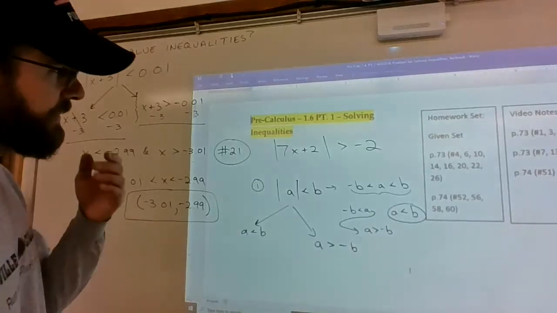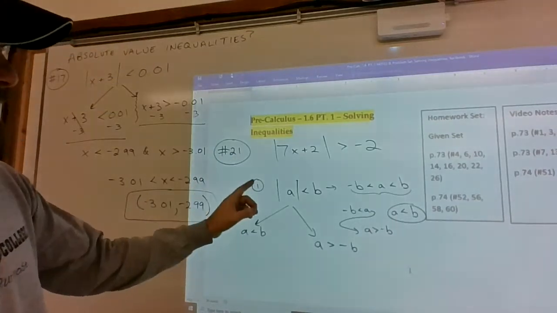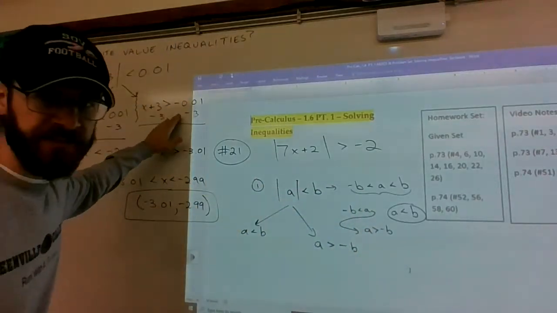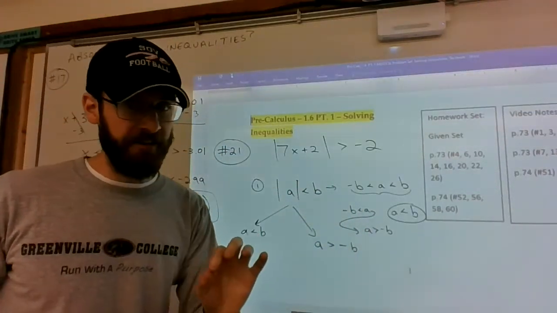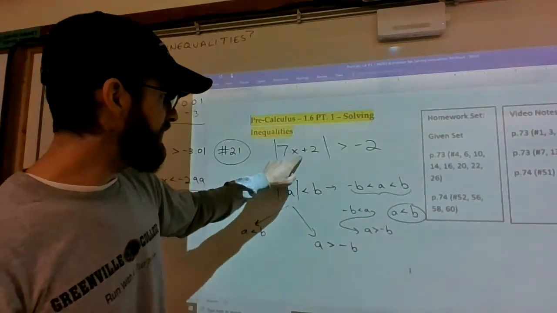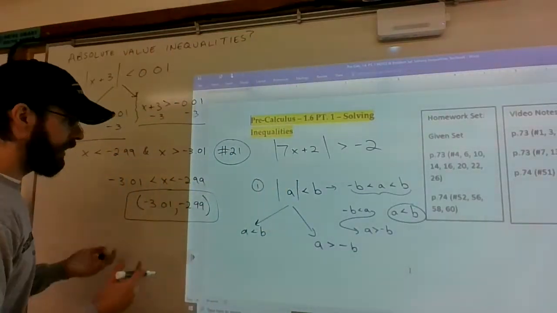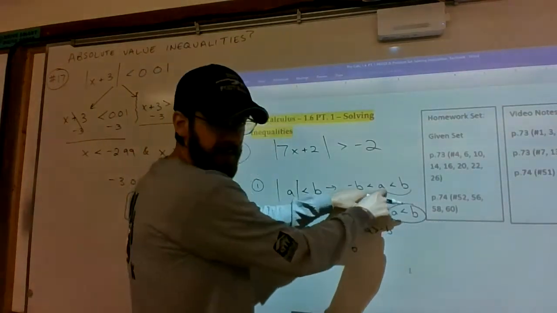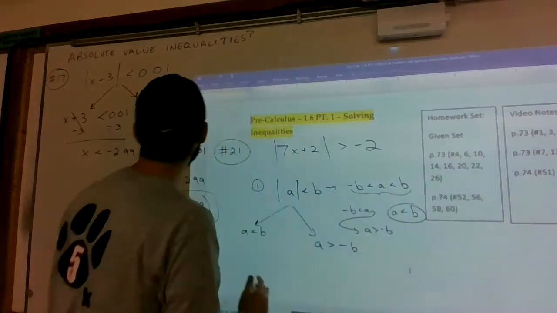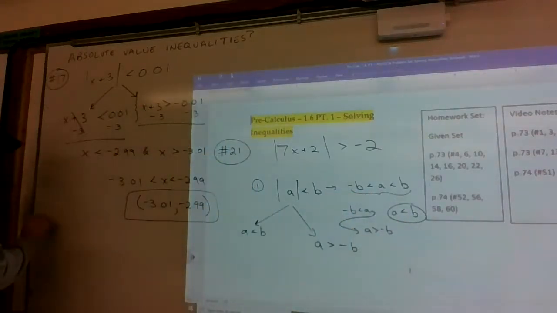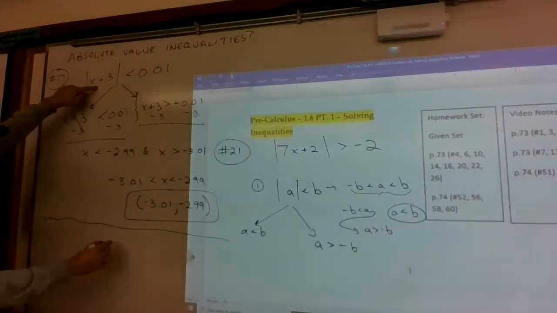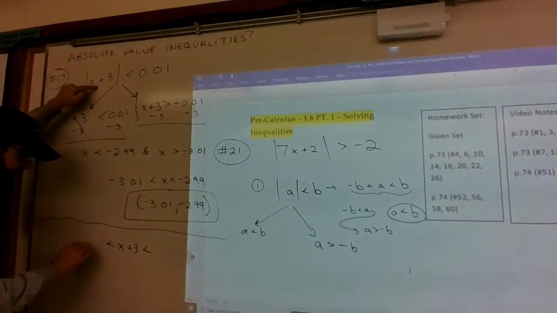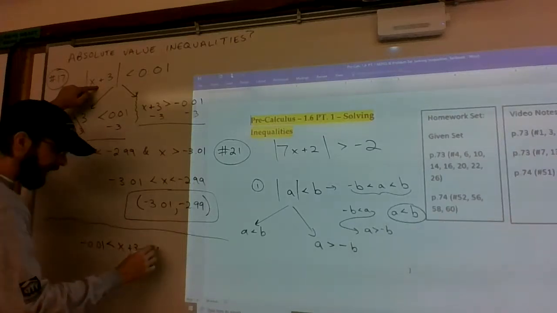So hopefully that makes sense. And here's something else you can do. You don't have to split it up into two separate inequalities and solve it. If it's simple enough here, what you can do is say, I'm just going to put the x plus 3 inside the inequalities. So an alternate approach to this is put the x plus 3 sandwiched between negative 0.01 and positive 0.01.